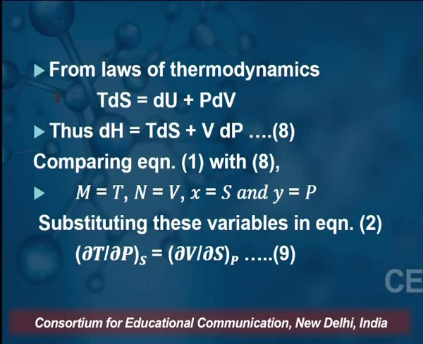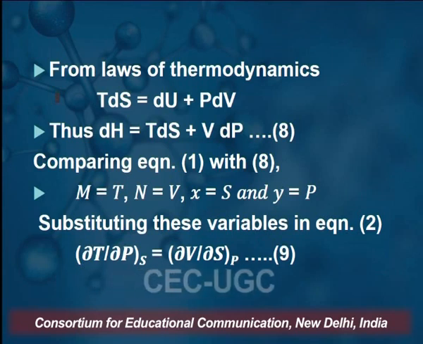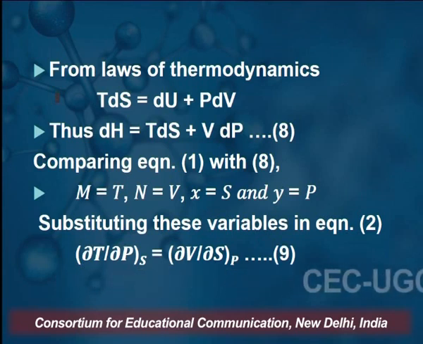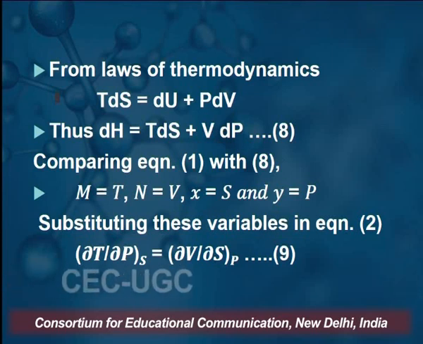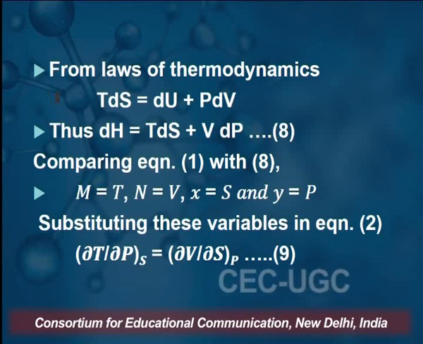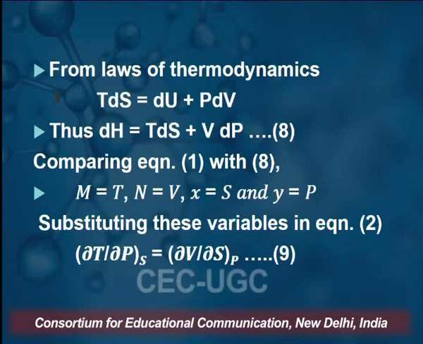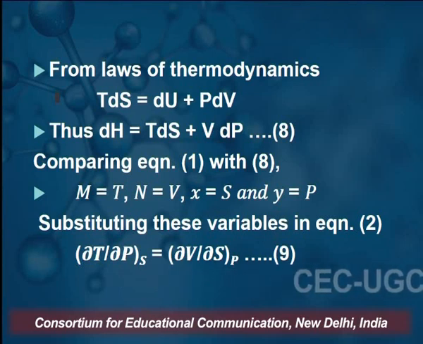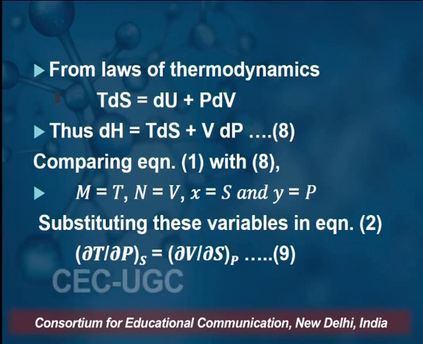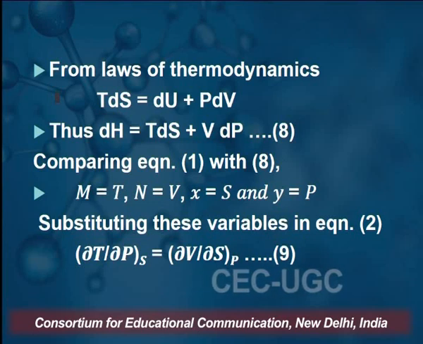In equation 8, M is nothing but temperature, N is volume, x, that is the constant variable, is S and y is P. If we substitute these variables in equation 2, we get delta T by delta P at constant S is equal to delta V by delta S at constant P. Constant S means adiabatic process, constant P means isobaric process.